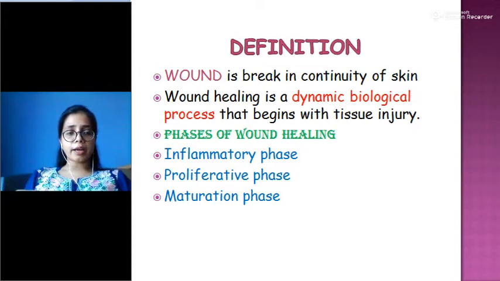There is a process of phagocytosis and everything. The proliferative phase is when the inflammation subsides and there is proliferation of new cells over that area. The maturation phase is the binding of those new cells, an increase in collagen synthesis, and the strength of the scar tissue increases slowly and slowly. So these are the various phases of wound healing.